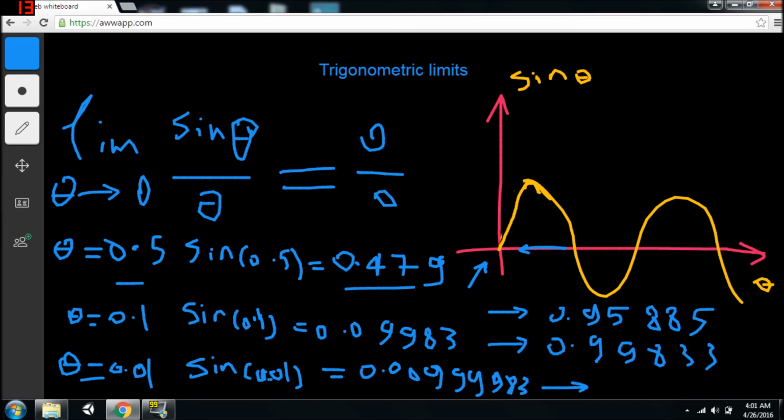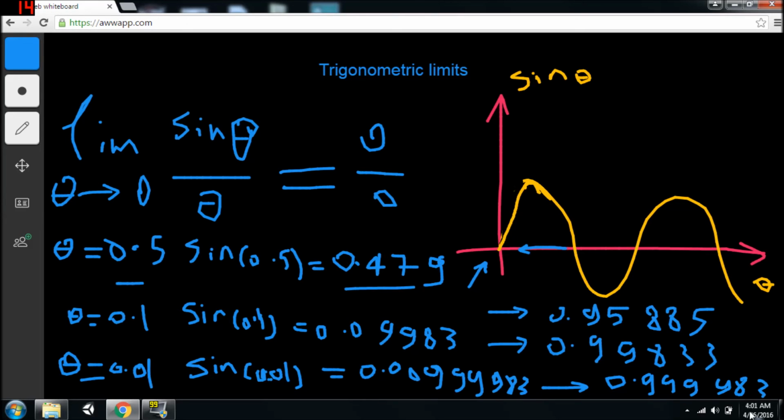When we divide sine 0.01 by 0.01, we get a value equal to 0.9999833.